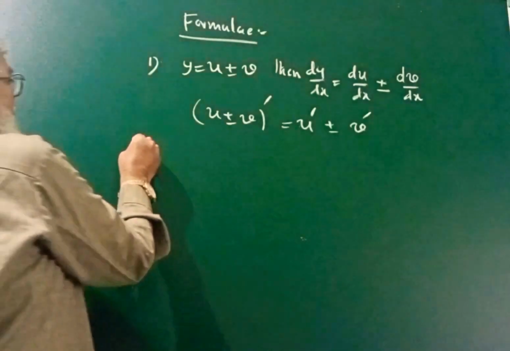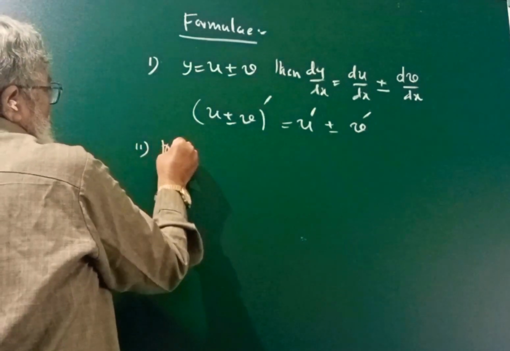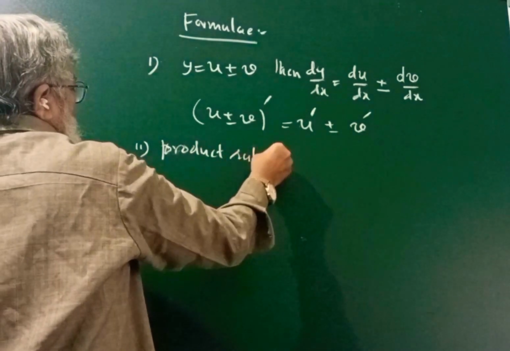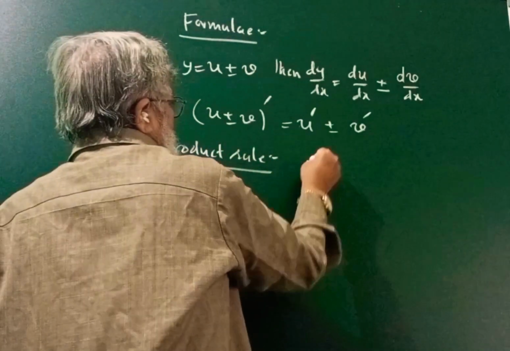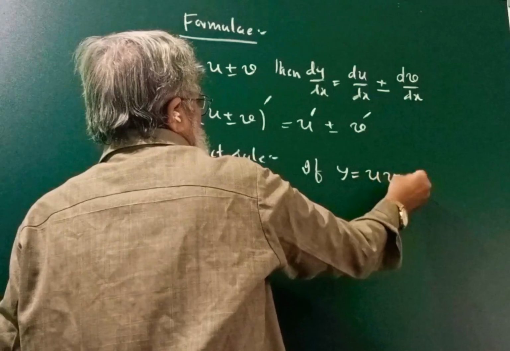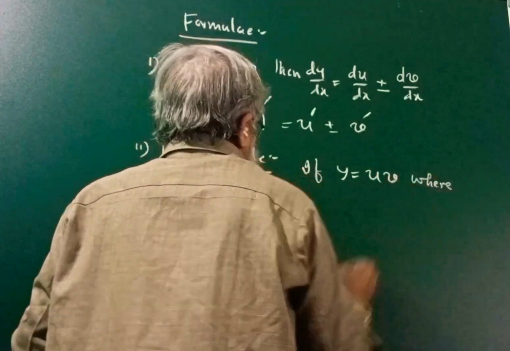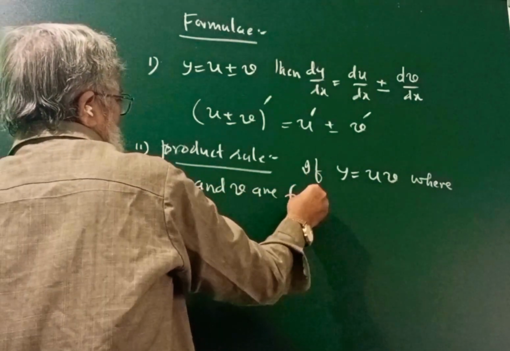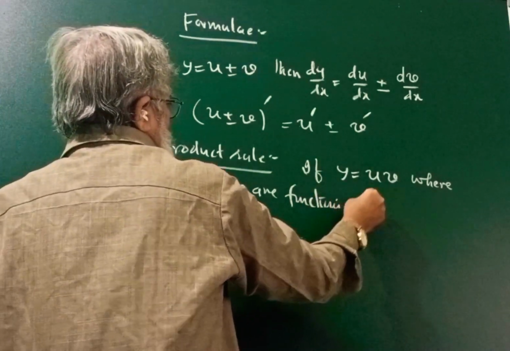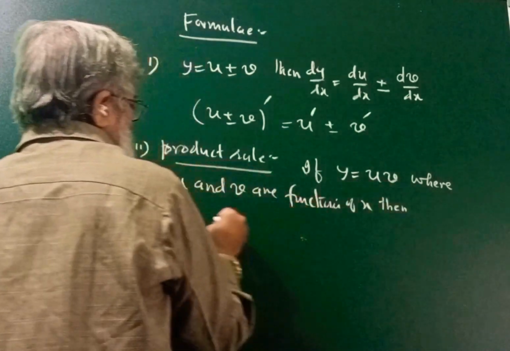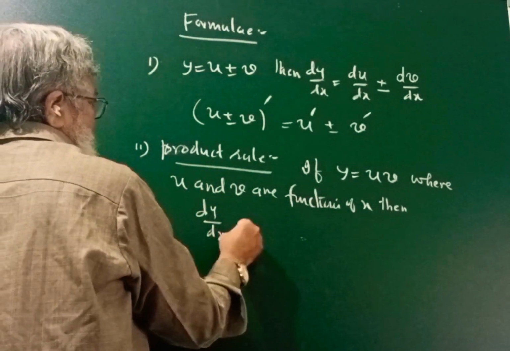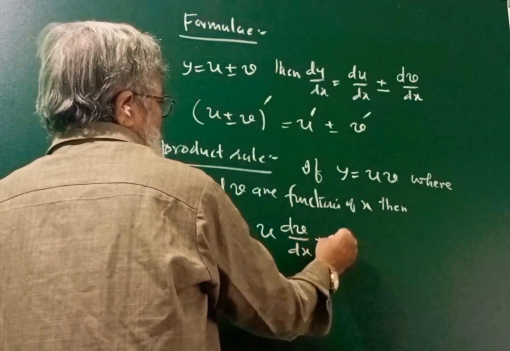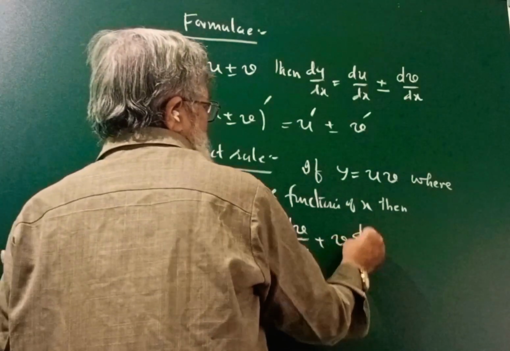Now the second one is the product rule. The product rule is that if y is equal to u into v, where u and v are functions of x, then dy by dx is given by first function as it is, derivative of the second, plus second function as it is, derivative of the first.